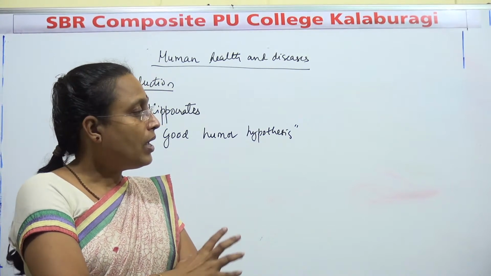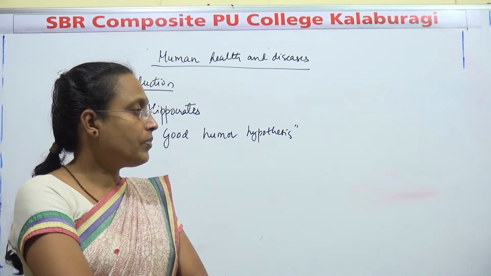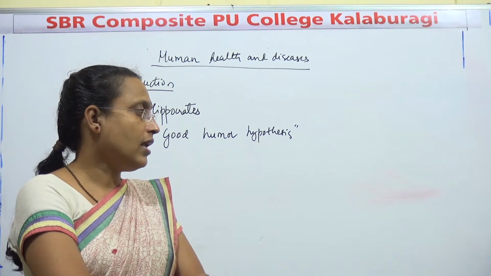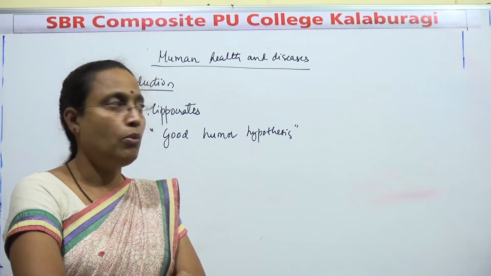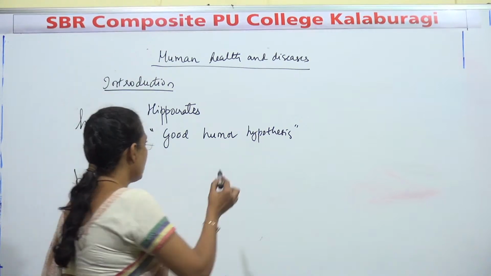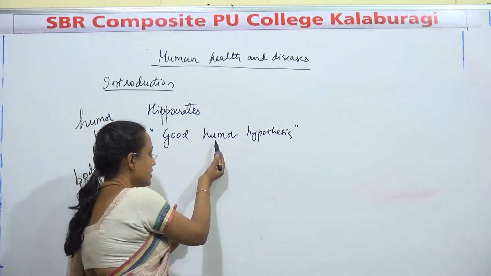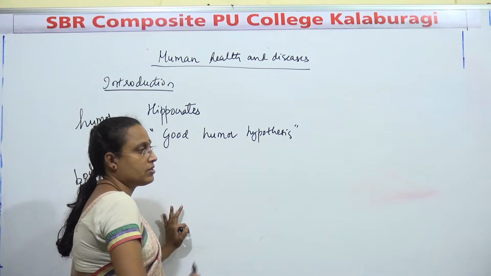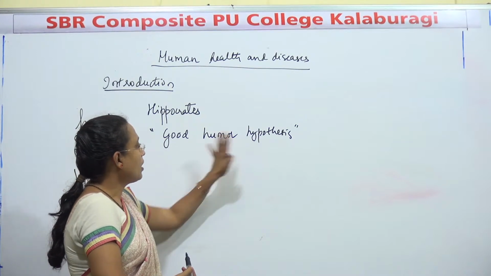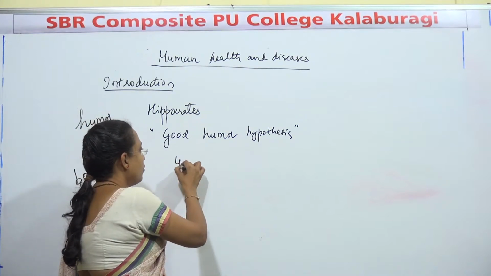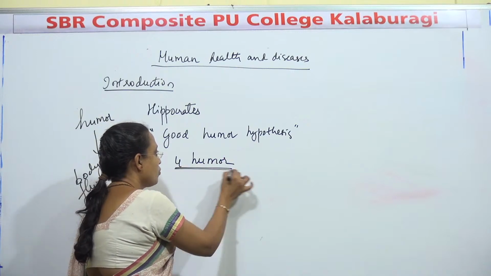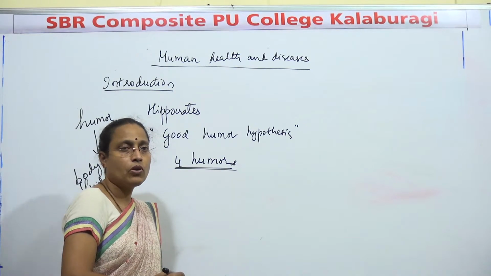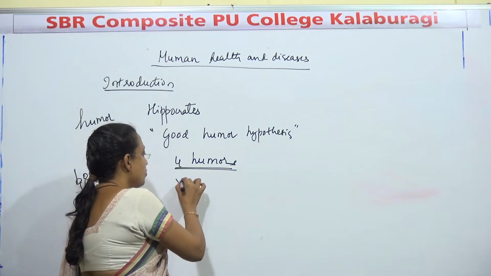So at that time Hippocrates, according to his theory, explained that there are four humors in the human body. The good humor hypothesis says that there are four humors in the human body. It's a theory. So what are those humors?